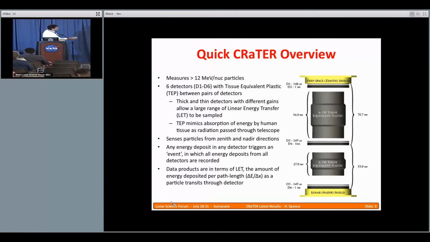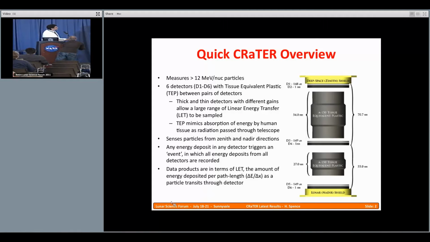These detectors are separated by tissue equivalent plastic, which gives you a characterization of dose, organ doses, lens doses, and so forth. So you get a very good ability to figure out what real doses are like in the lunar environment.